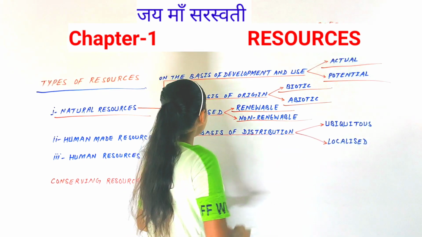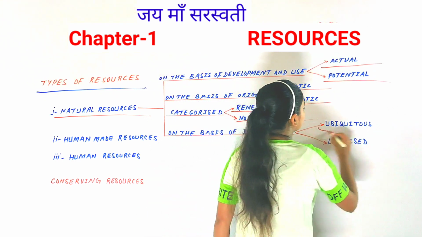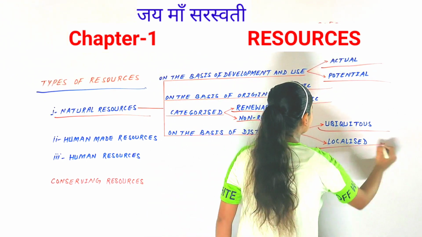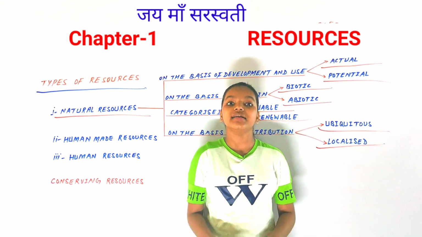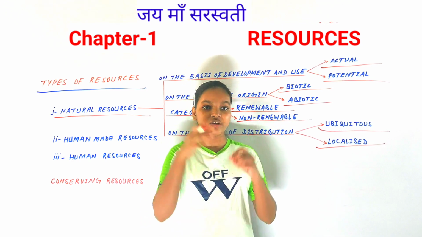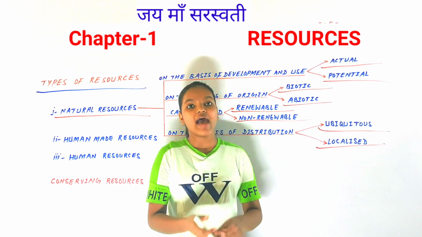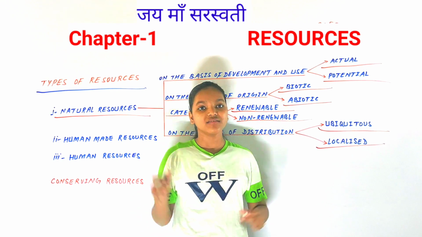Now next, on the basis of distribution, there are two classifications: ubiquitous resources and localized resources. Ubiquitous resources, as the name suggests, are universal, any resource that can be occupied by all persons in the world.